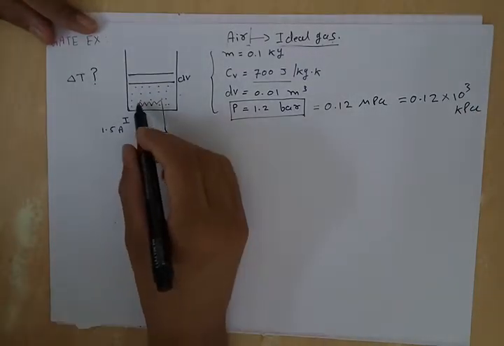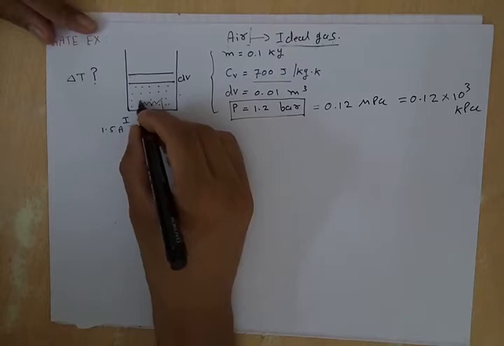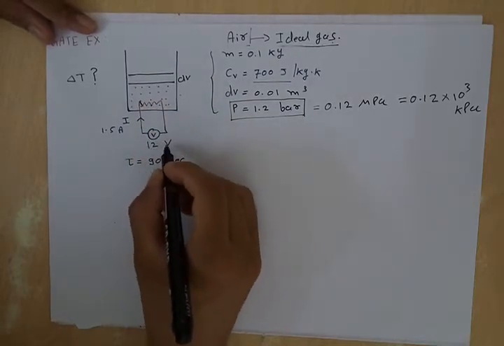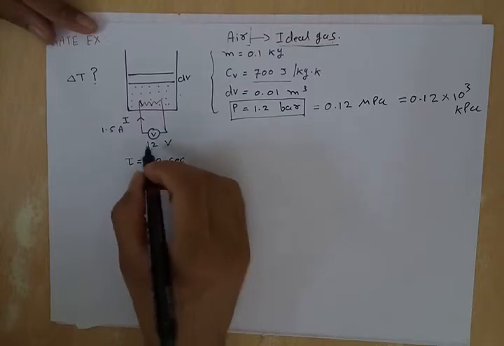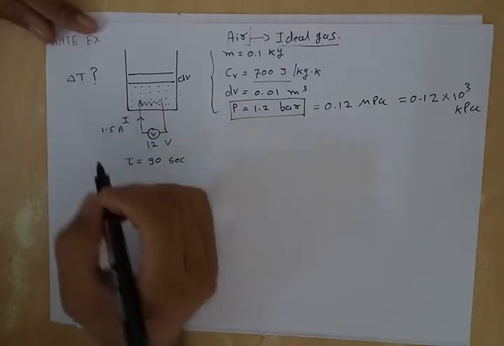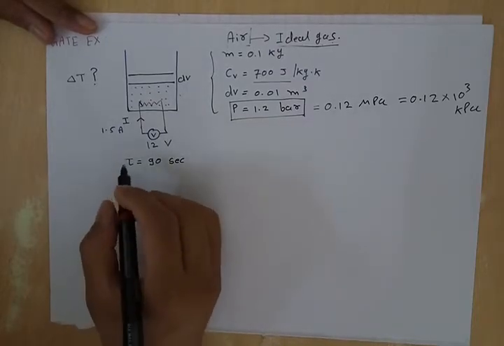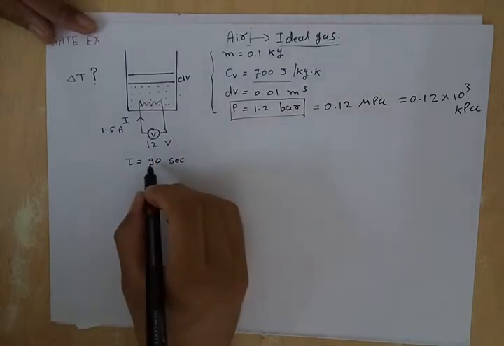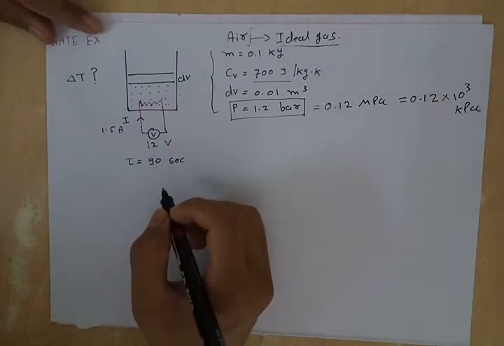Now this gas was heated by a resistor which is connected to a 12 volt battery, and due to this current was flowing, which is 1.5 ampere, and the current was flowing for 90 seconds.